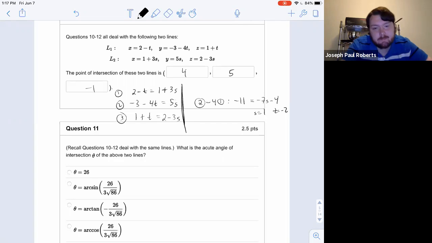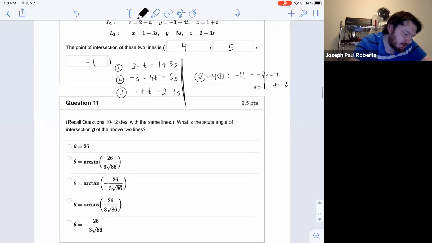So first you'll get x and y if you focus on equations 1 and 2, and then whether or not it's intersecting or skew is determined by whether or not the third equation matches. We told you it intersected, so we pretty much knew that was going to work out. But yeah, s equals 1 on L2 is the same point as t equals negative 2 on L1.